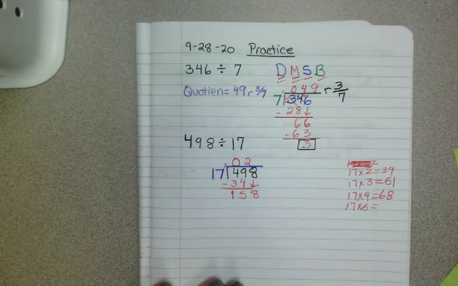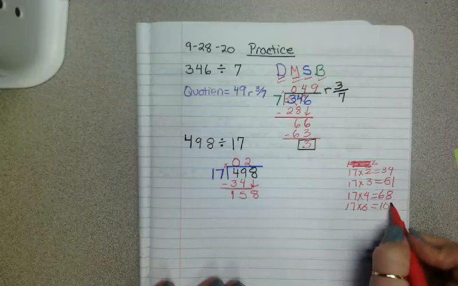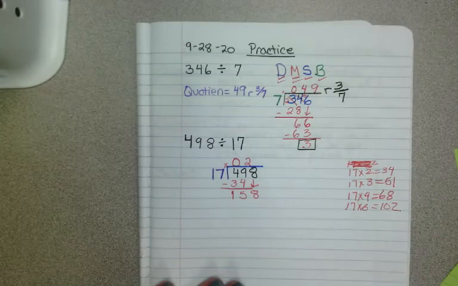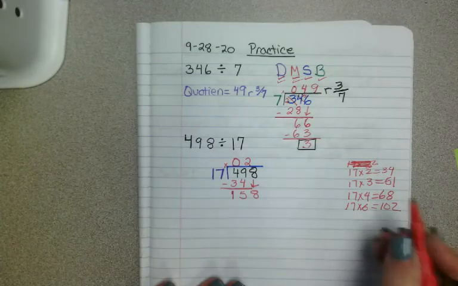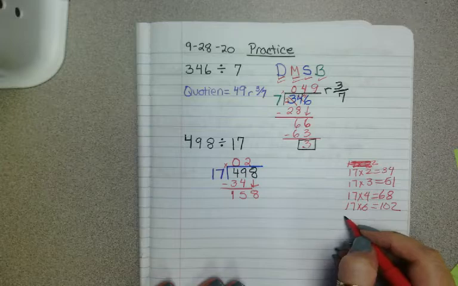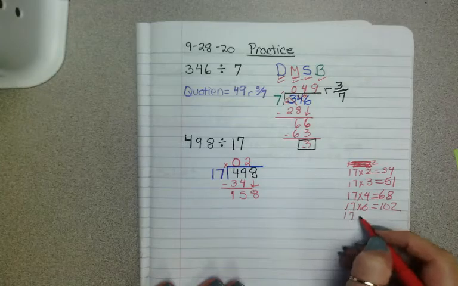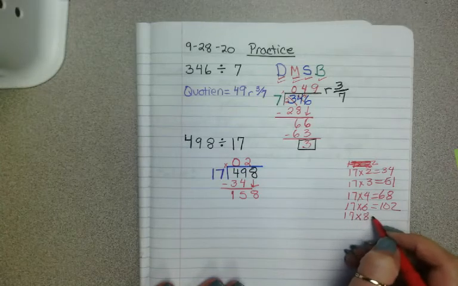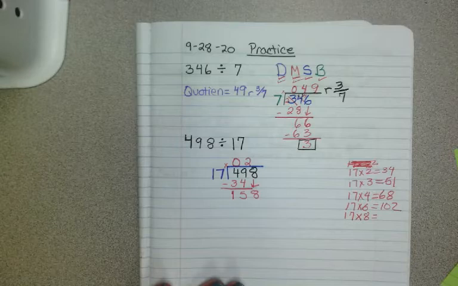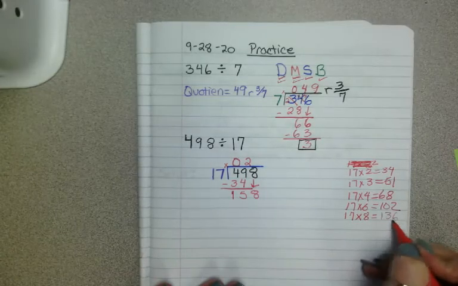17 times 6 will give me 102. Now we're cooking with grease. Let's go a little higher, okay? Let's try 17 times 8. 17 times 8 is 136.